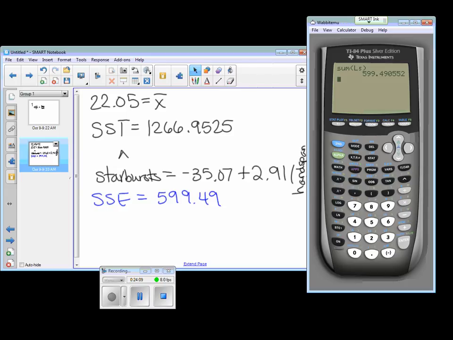So I have the sum of the squared errors of the univariate data set, the sum of the squared errors on the bivariate data set, and now I'm going to do a calculation. If you look at number 11, it tells you to find the difference of those. So we're going to take the SST minus the SSE.